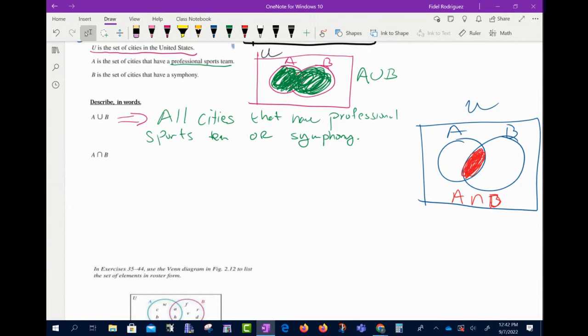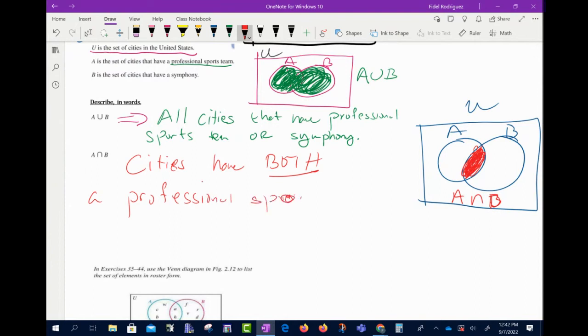If you can find a city that has a sports team but doesn't have a symphony, that would also go in the first set. And if you had a city that had both, that would also go in the first set. But for the intersection, they have to have both, okay? So these are going to be the cities that have both a professional sports team and a symphony.